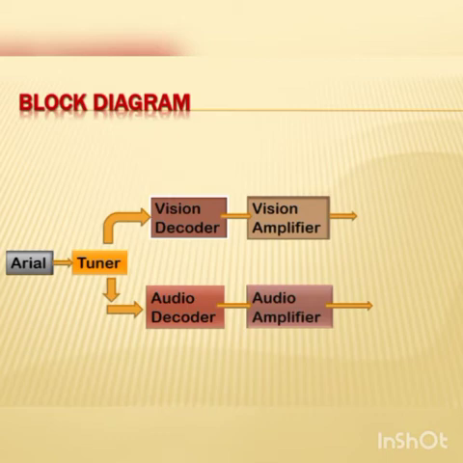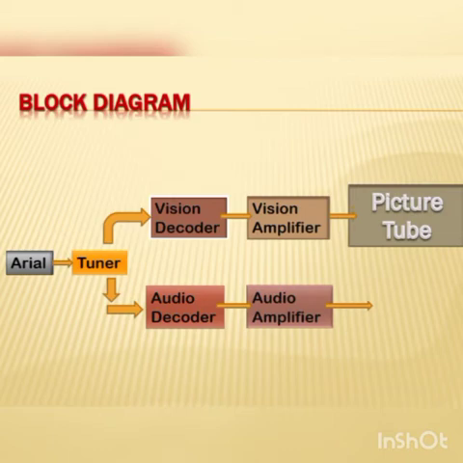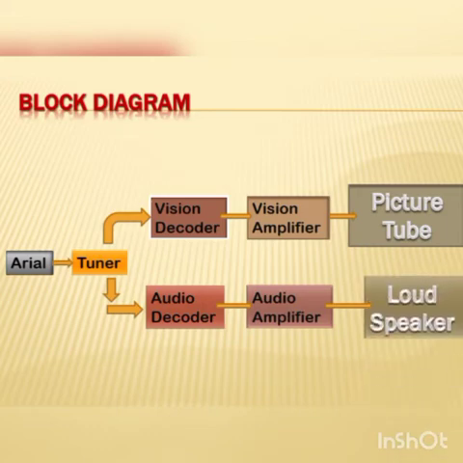And now these signals are converted in the picture tube into the picture, and we can see the picture on the screen of a TV. And the audio amplifier sends the amplified signals, or you can say signals of high voltage, to the loudspeaker, from where we can hear the sound.